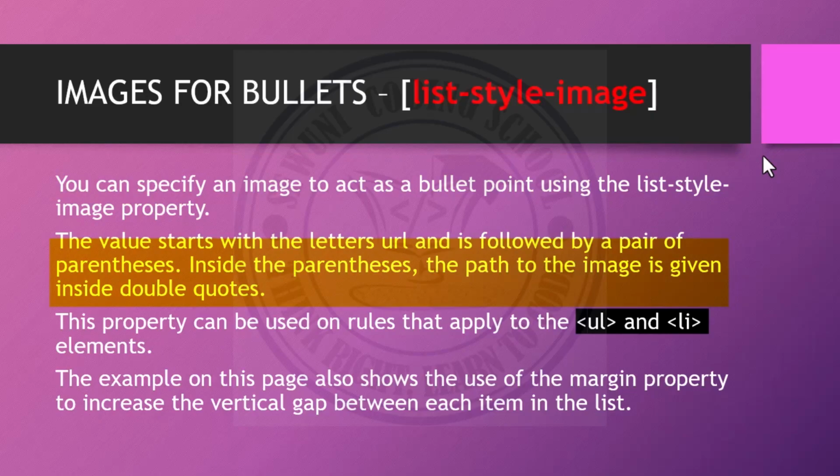Inside the parentheses, the path to the image is given inside double quotes. This property can be used on rules that apply to the unordered list and the list elements. The example we are going to show you uses the margin property to increase the vertical gap between each item in the list.